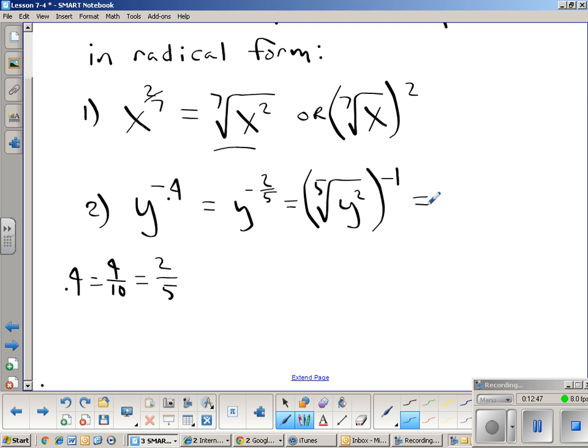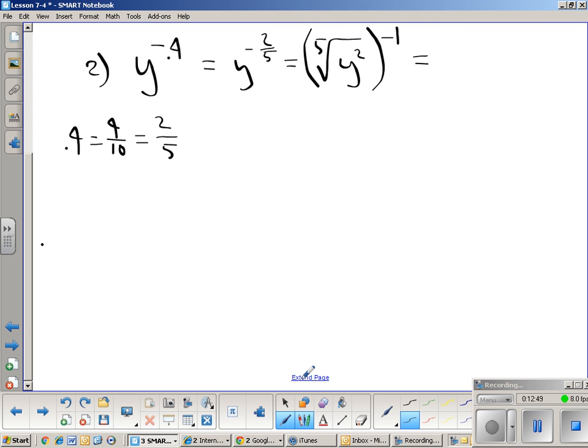If I have, let's put a simple number here, 2 to the negative 1. What's that equal to? It's 1 over 2 to the first power, or 1/2. What is 2 to the negative 3 equal to?